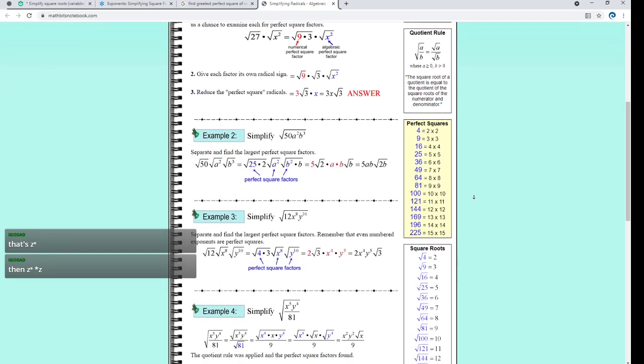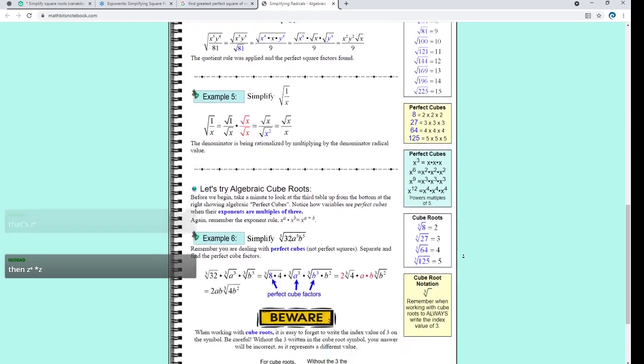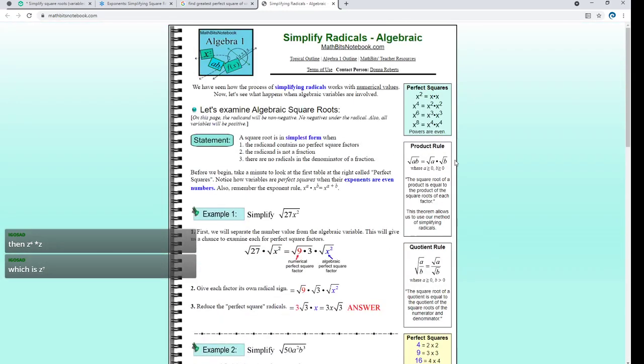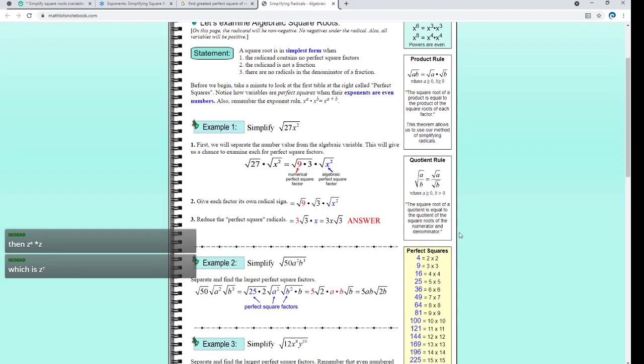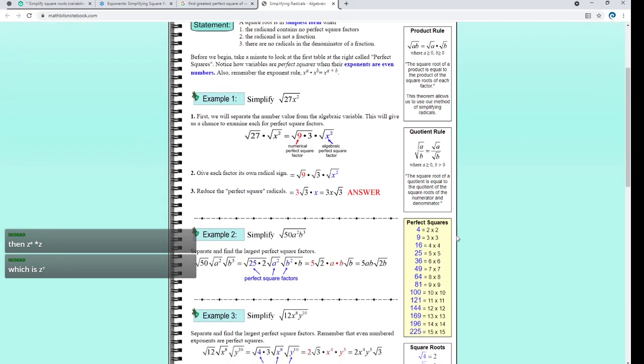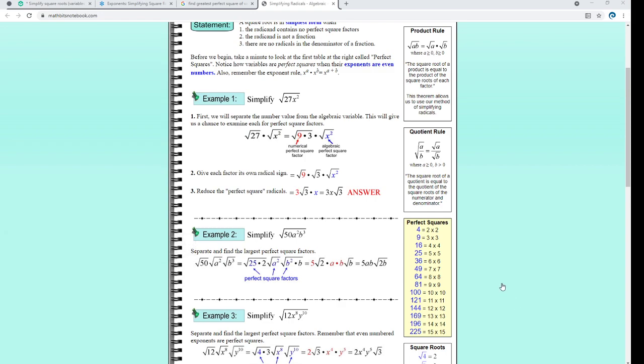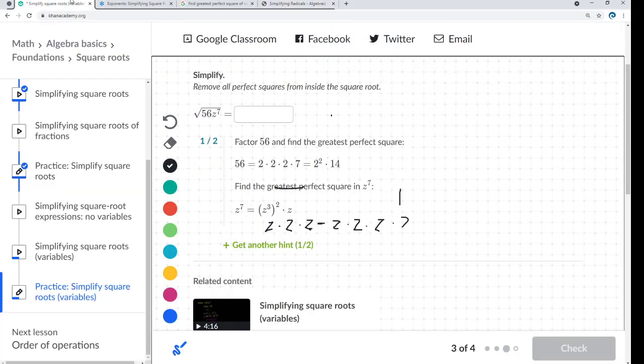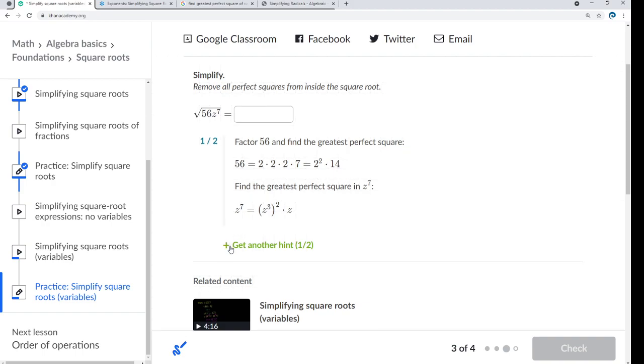I want a greater number than that, but not with multiple variables in there, because that's just confusing me. Right, but how do you just count up? Well, let's just get the other hint over here and finish this one.